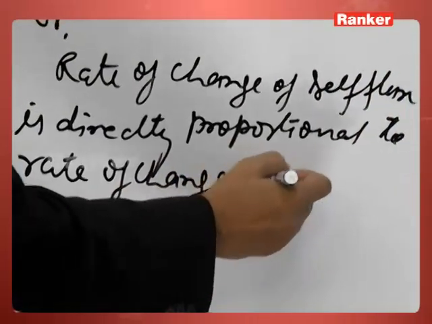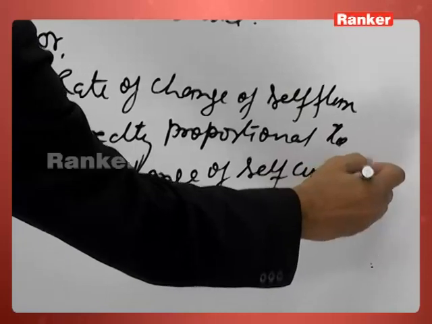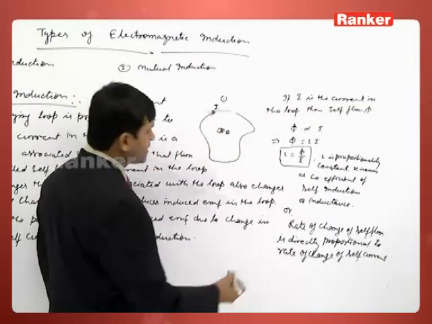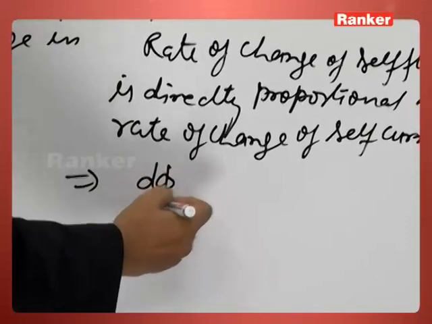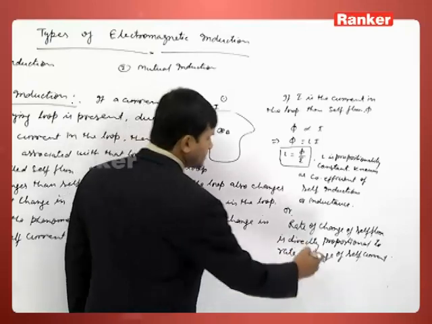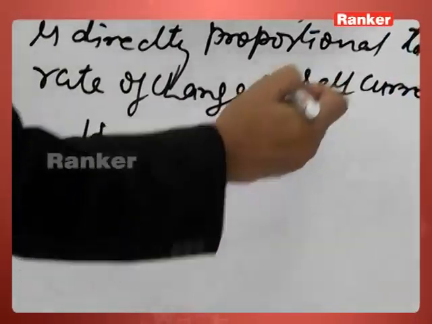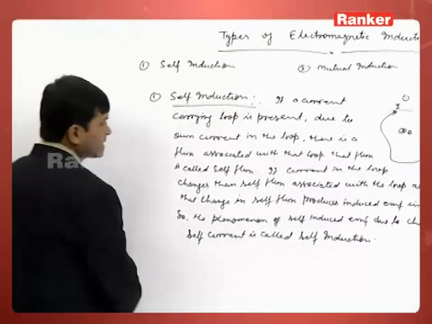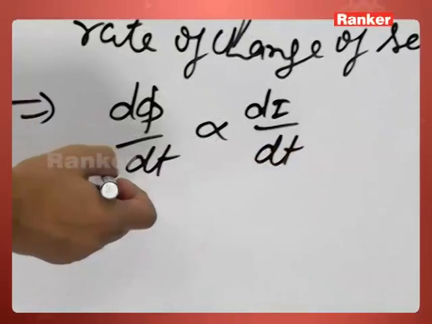We can say d phi by dt is proportional to di by dt. Then we can write d phi by dt is equal to L di by dt.